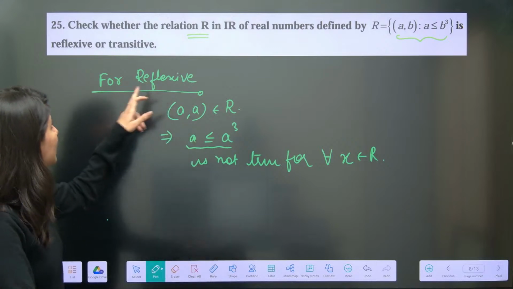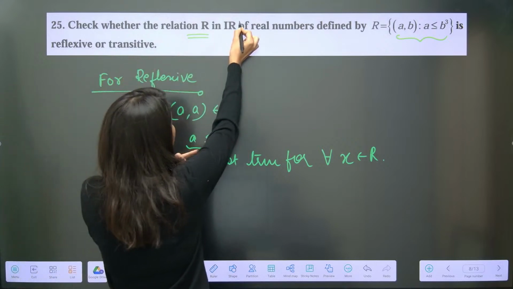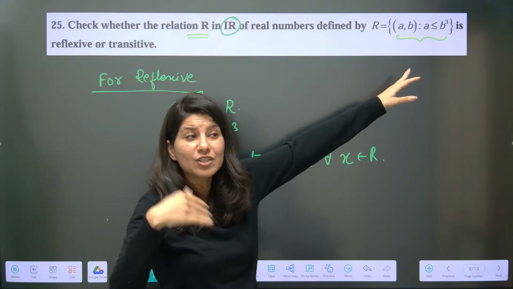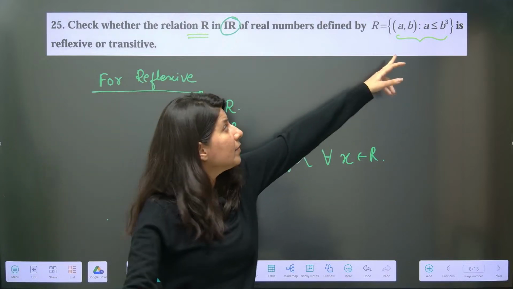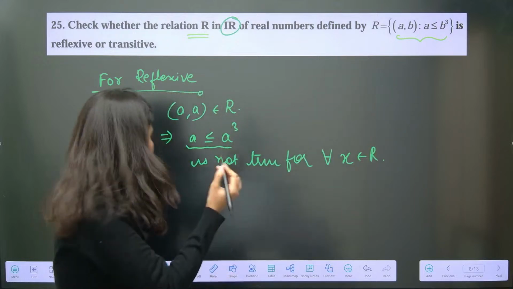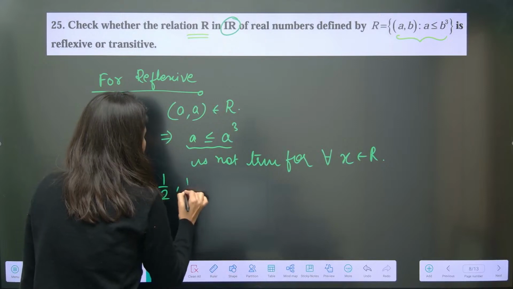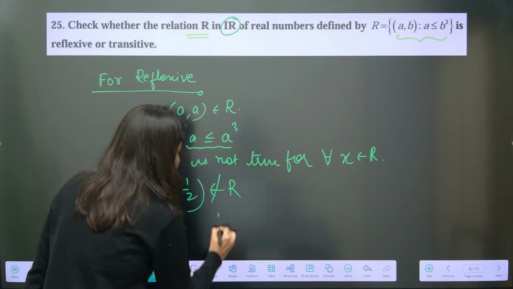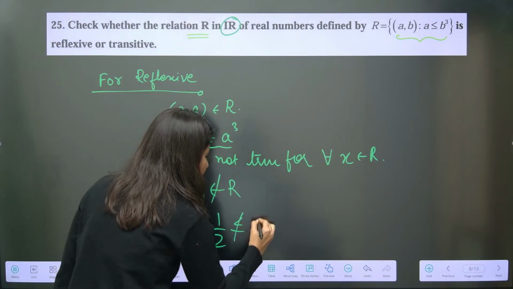But you should understand, relation in R means all values lying on the number line, all real numbers should satisfy this. It is so obvious that (half, half), for example, does not belong to R. Why? Because half is not less than or equal to half cube.